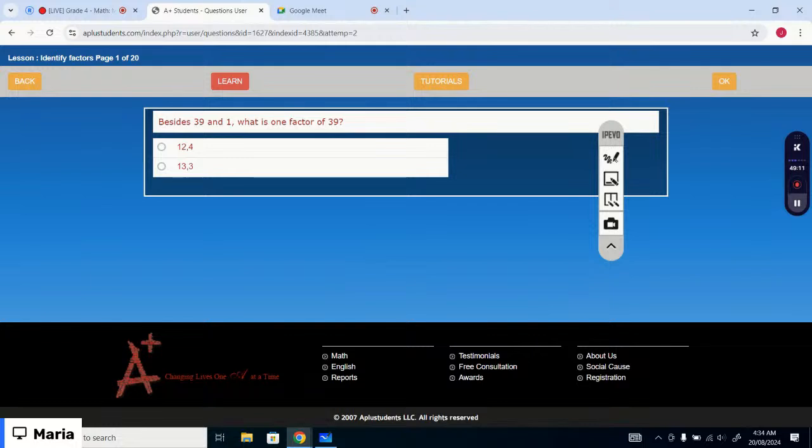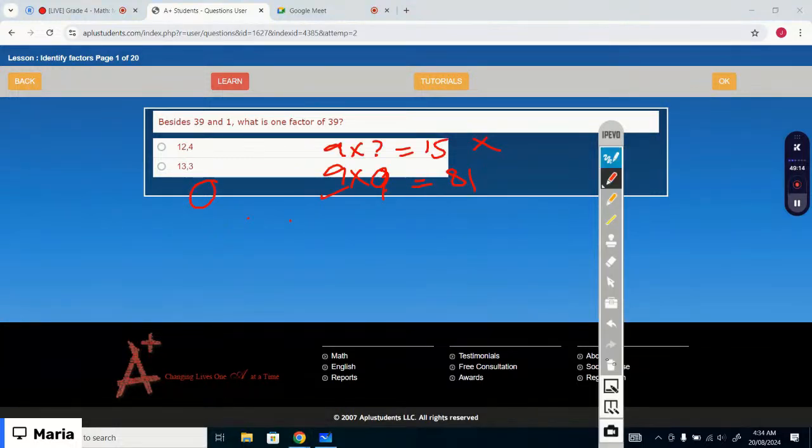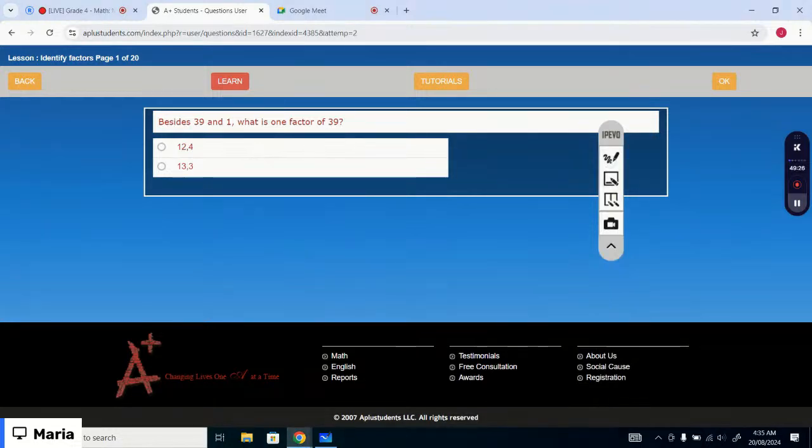You are given two options, right? One of them is 12 times 4, and the second one is 13 times 3. You can multiply and check which one makes 39, right? So that is option number 2. 13 times 3 makes 39. So that means the other factors for 39 are 13 and 3. Option number 2 is the correct option.